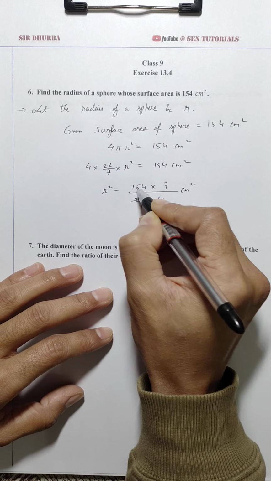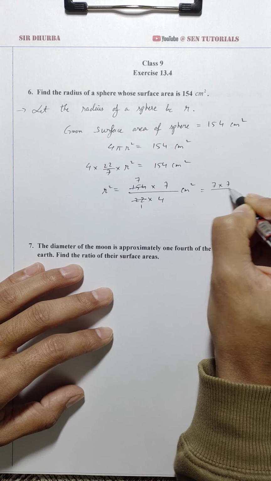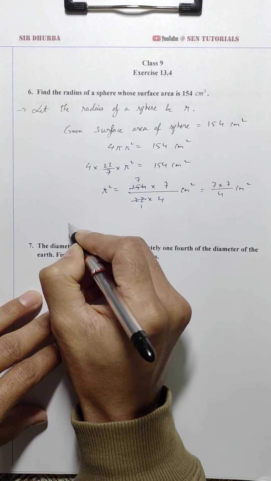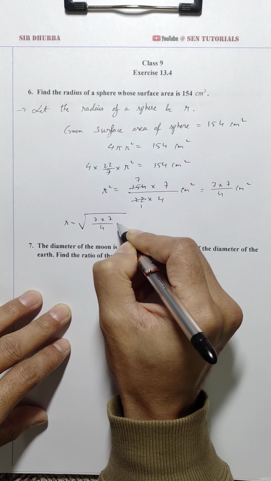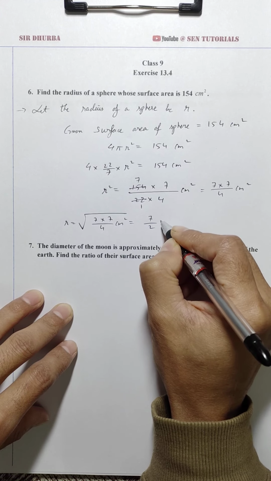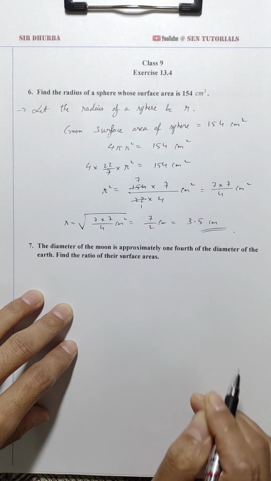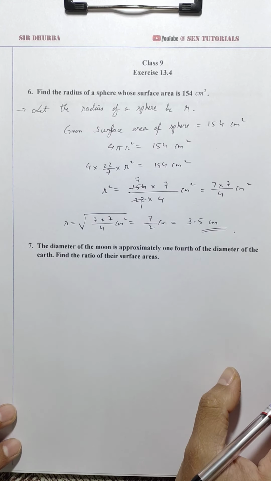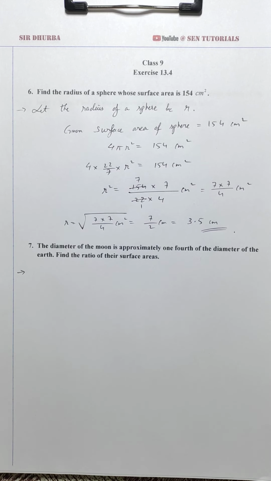So 22 sevens are 154, so we have 7 into 7 by 4 centimeter square. So r will be root over 7 into 7 divided by 4 centimeter square. So 7 root 4 is 2, 7 by 2 centimeter, so that will be 3.5 centimeter.